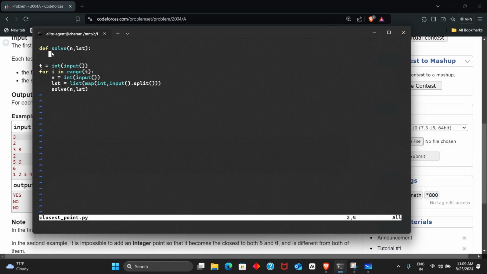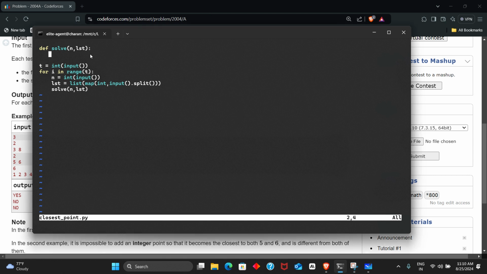If there is a number a in the list and a plus 1 also exists in the list, then we basically cannot insert any other number. We can't insert any other number which is closer than a, a plus 1, because we can't insert another integer between two integers, if they're consecutive, like 3 and 4 or 6 and 7.